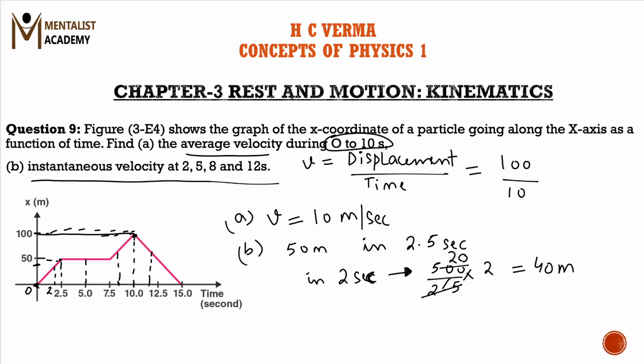So the instantaneous velocity at 2 seconds would be displacement of the particle at 2 seconds divided by time. So displacement of the particle at 2 seconds is 40 divided by time is 2 seconds. So therefore the instantaneous velocity would be 20 meter per second.